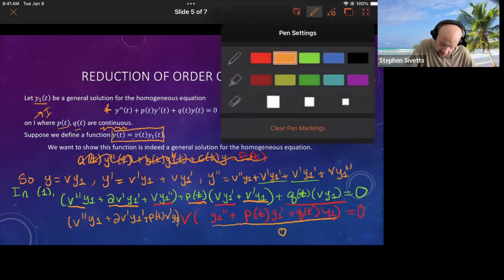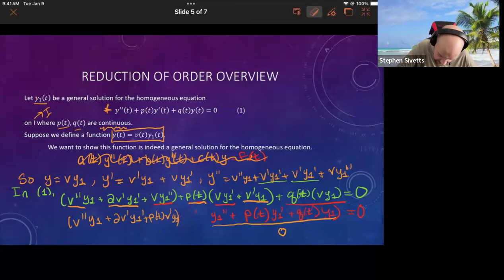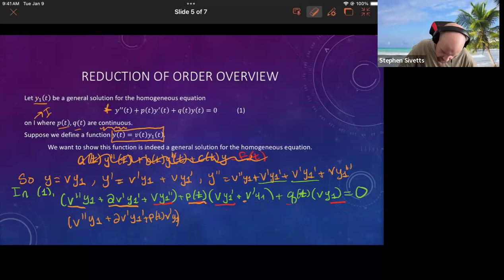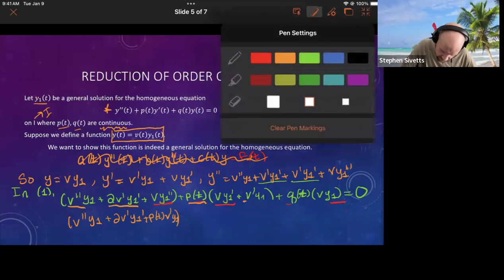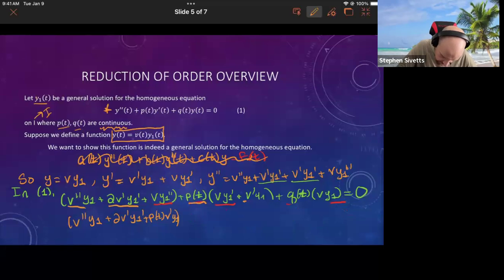And so if I erase this, I want to rewrite what I have here. So 2v prime y1 prime plus p of t v prime y1 is 0.